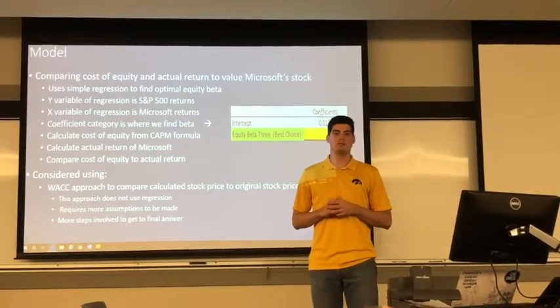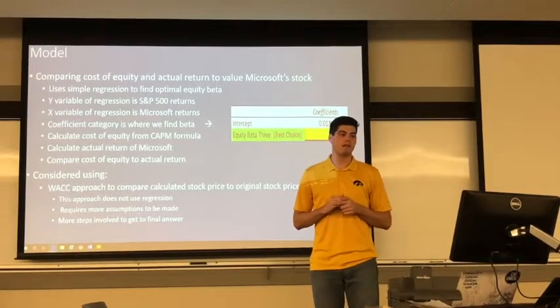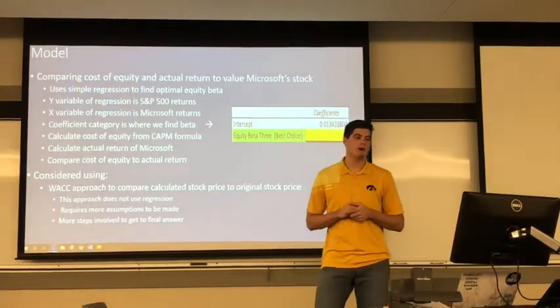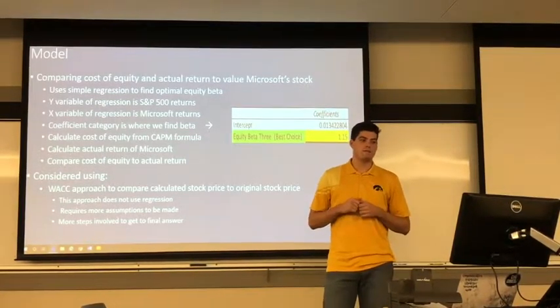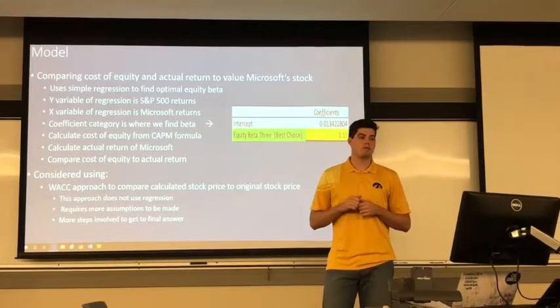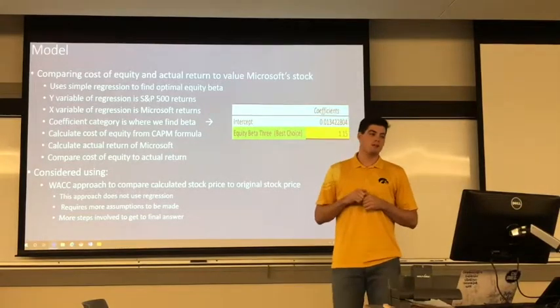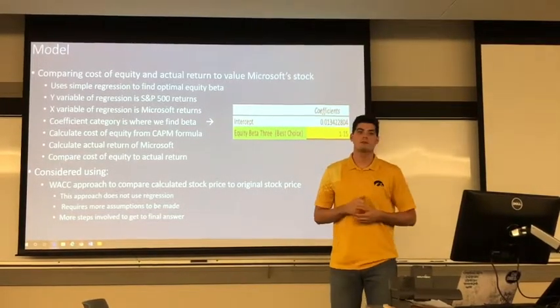The model we chose to use was comparing the Microsoft cost of equity and their actual return to value their stock. This model uses regression to find an optimal equity beta. Within that regression, the Y variable is S&P 500 returns as the proxy. The X variable is Microsoft's returns.